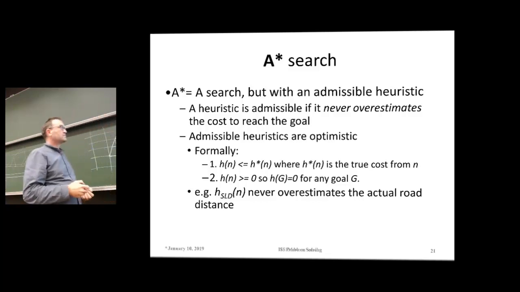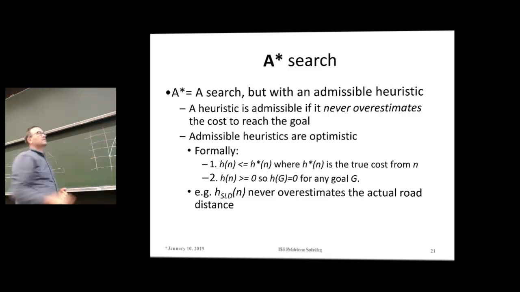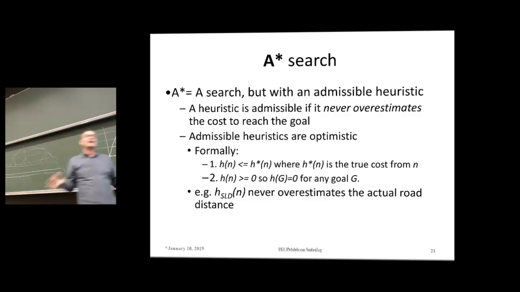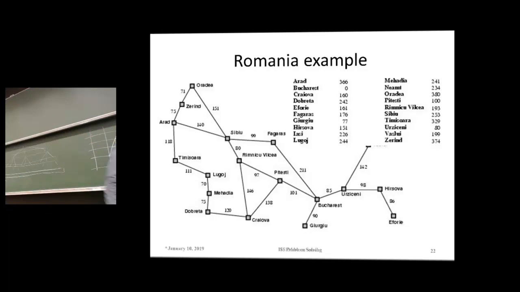This is exactly the point here. So the shortest line distance never overestimates the actual road distance. You can't get anywhere quicker than using the straight line distance.